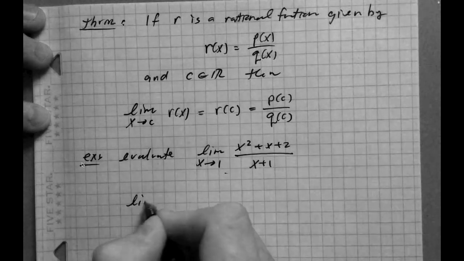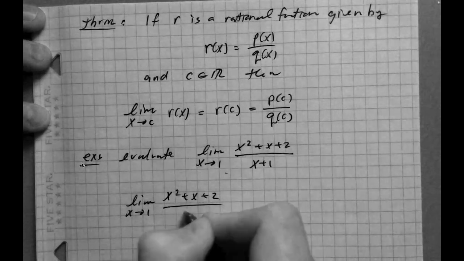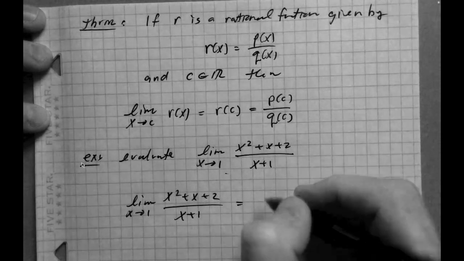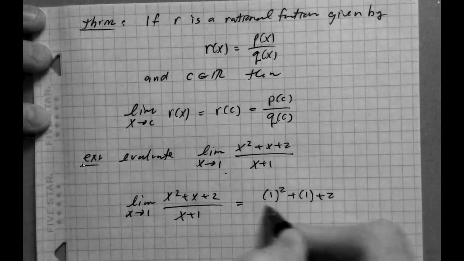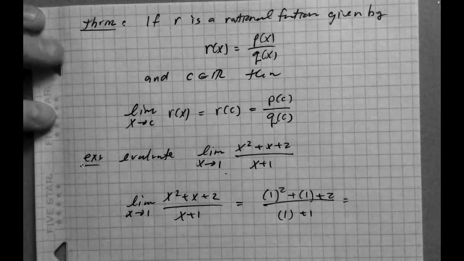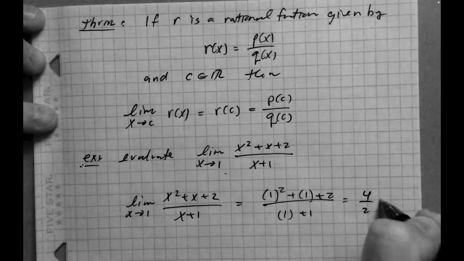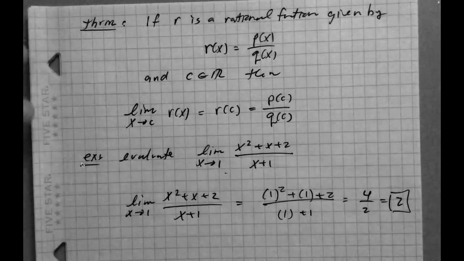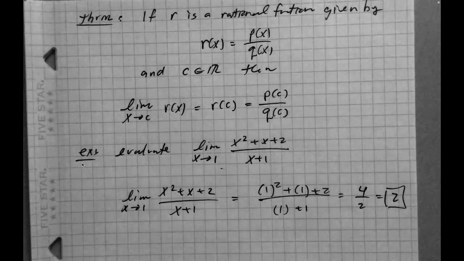So the limit here is going to be equal to 1 squared plus 1 plus 2 over 1 plus 1. And when you plug all that in, you get 1 plus 1 plus 2, so 4 up top, 2 on the bottom. There you go. So the limit there is 2. Couldn't be easier, right?